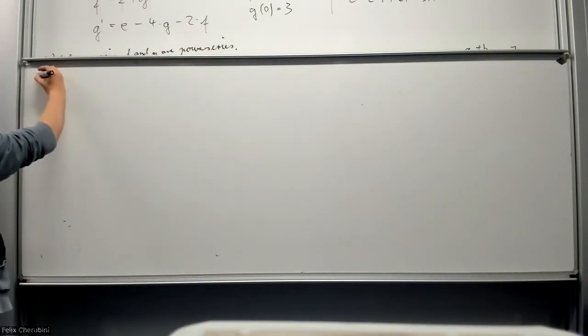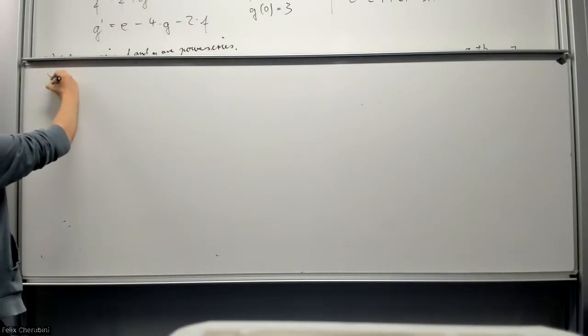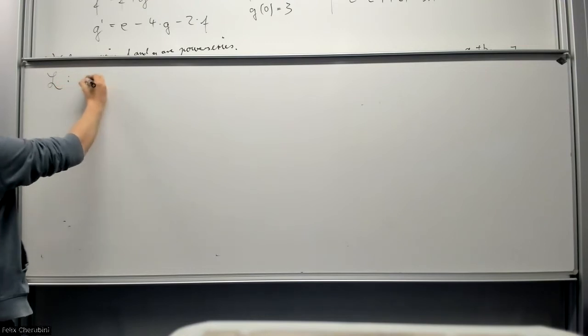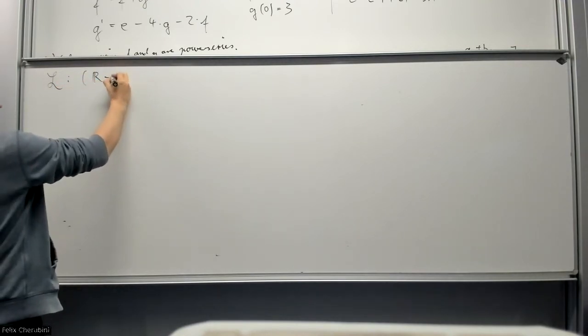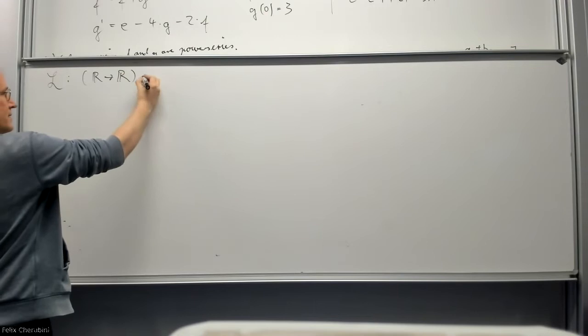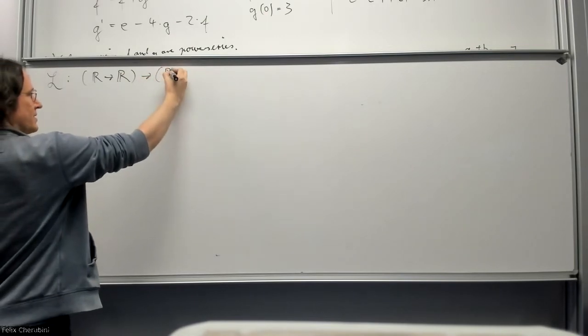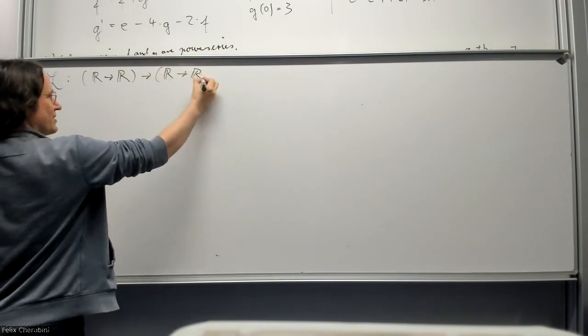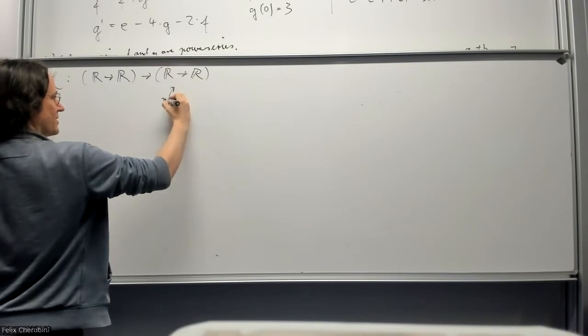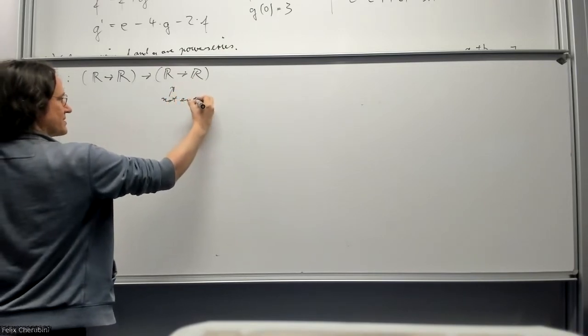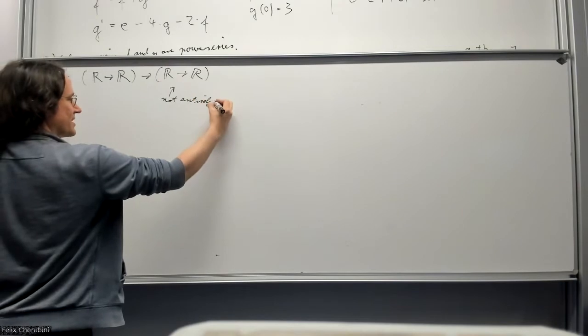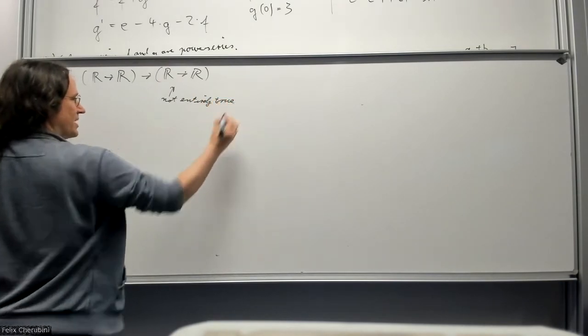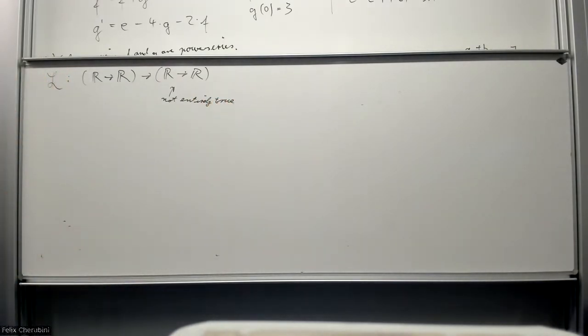Good. Okay, so Laplace in general takes a function and turns it into a function. So this is not entirely true, I guess. I'm not sure, but we also don't have to care about it.